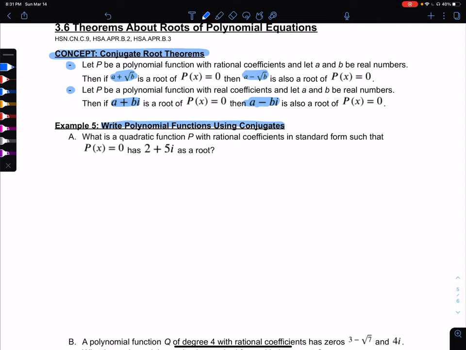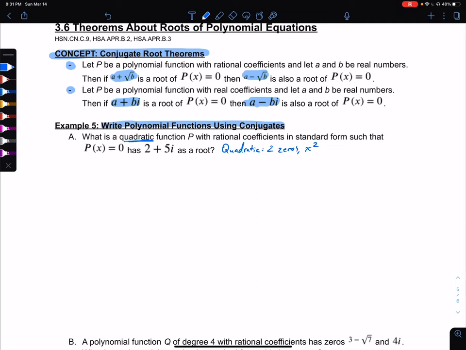So let's put that into practice using example 5, part A. What is a quadratic function P with rational coefficients in standard form such that P of x equals 0 has 2 plus 5i as a root? So first thing, quadratic function. Quadratic tells me that I should have two zeros, and my final answer should have an x squared as its highest degree.